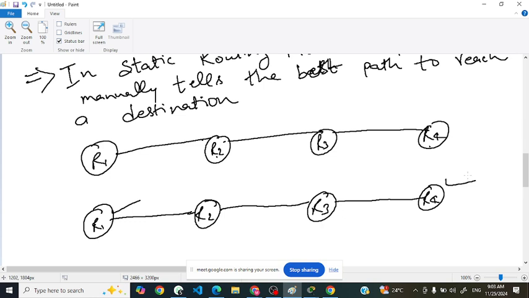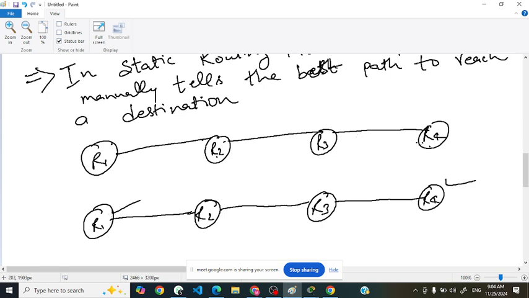Like in static routing, we know this is the best path. But in the case of dynamic, we don't know exactly what is the best path. It depends upon the router. So in static routing, decision making for sending a packet from one source to destination is up to the network administrator.